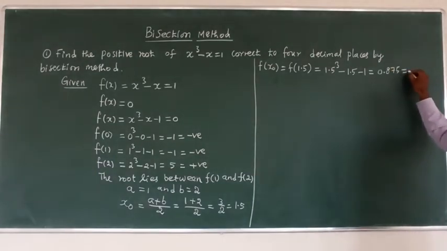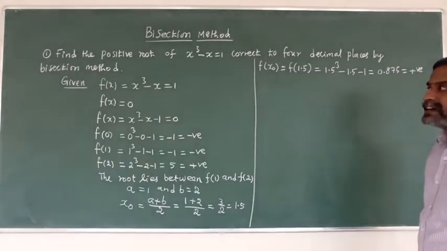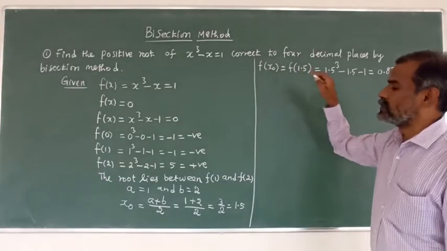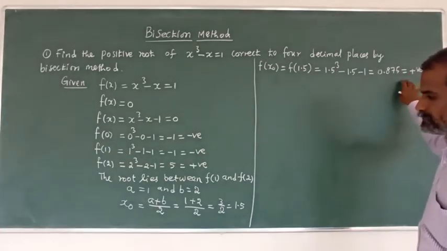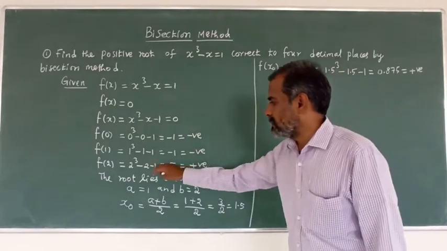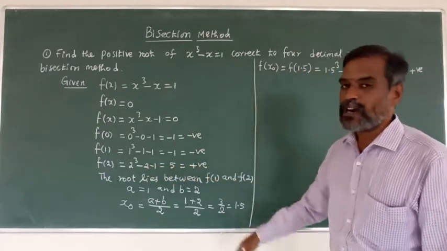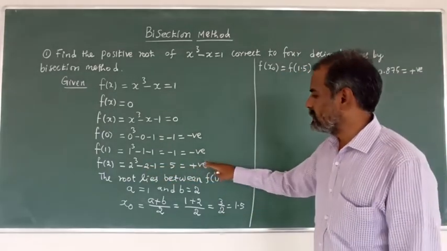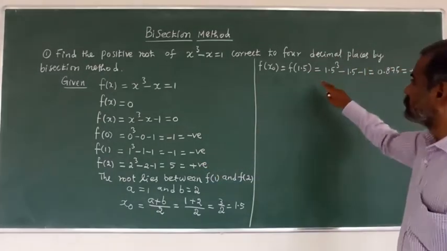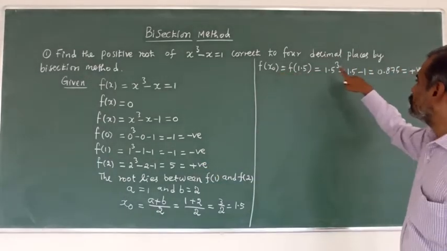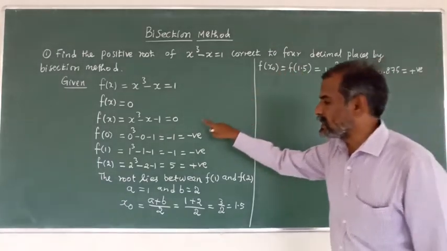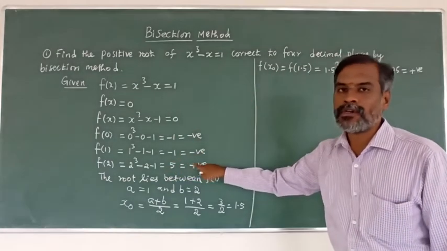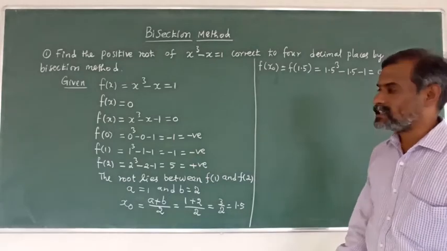This is a positive result for x naught. So this is positive, and f of 2 is also positive. So we can take x naught positive result 1.5 instead of f of 2.